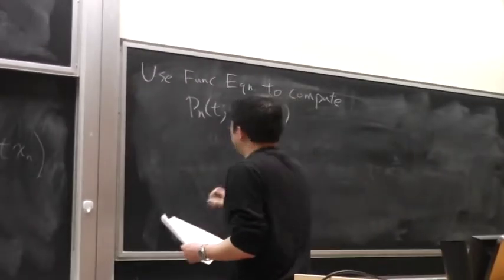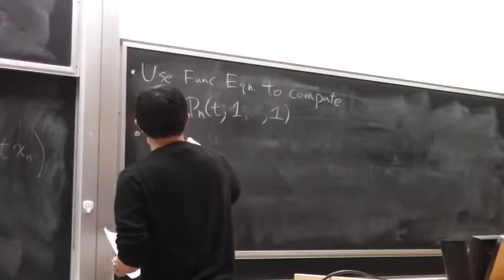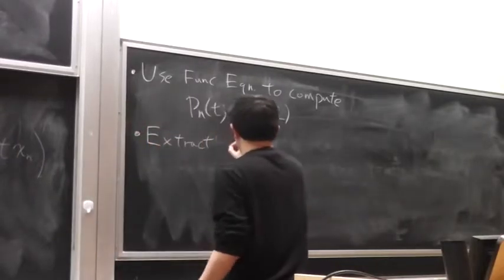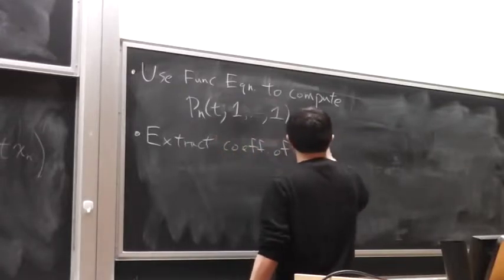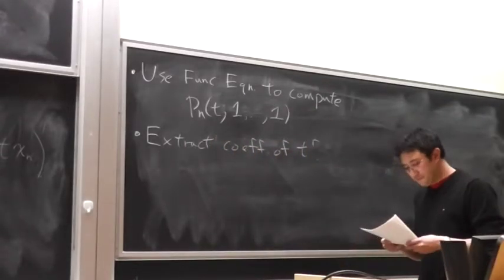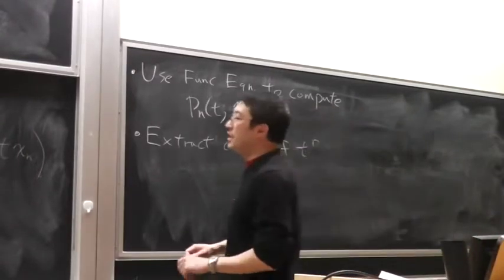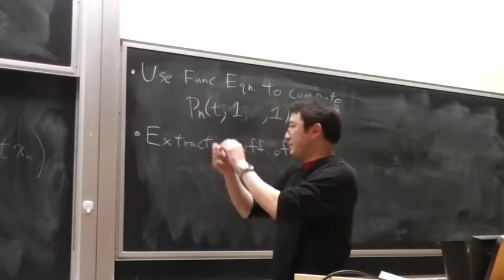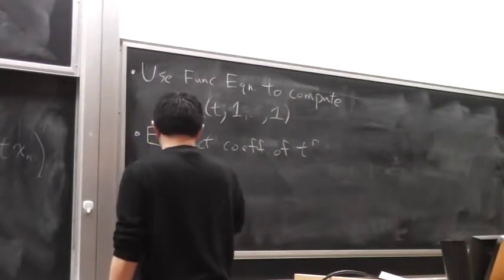So the idea is that we do this. Extract the coefficient of t to the r. And the nice thing here is if you finagle some of these tricks, then this can actually be implemented in polynomial time.